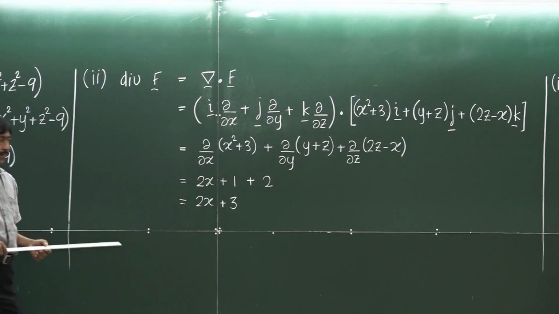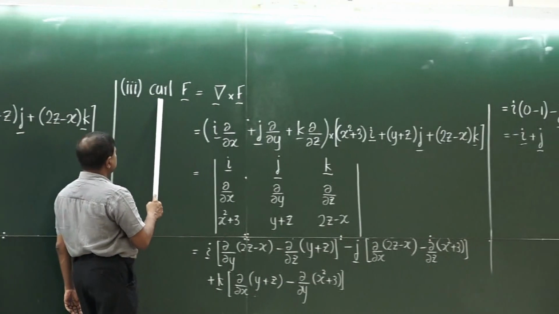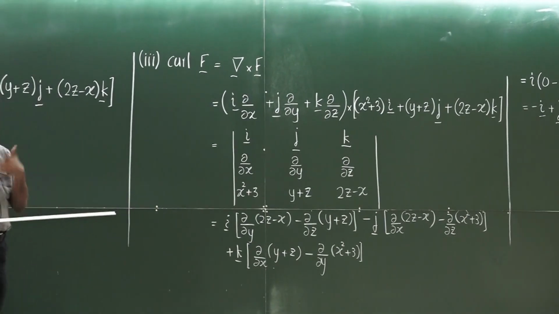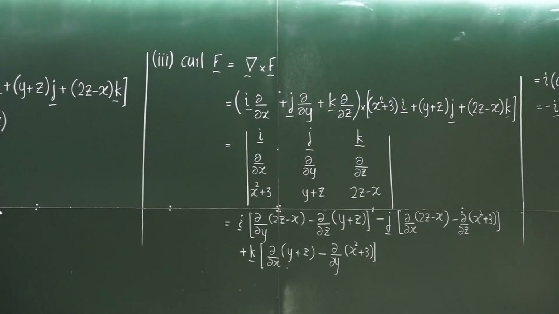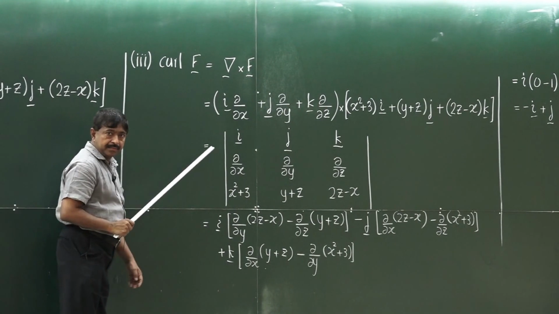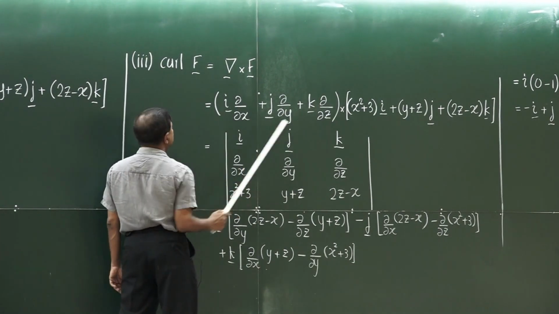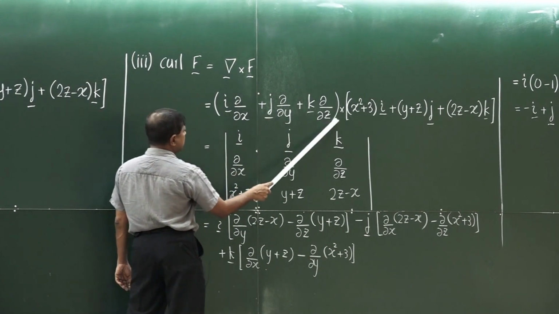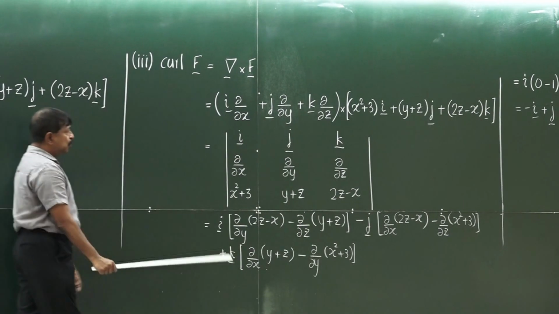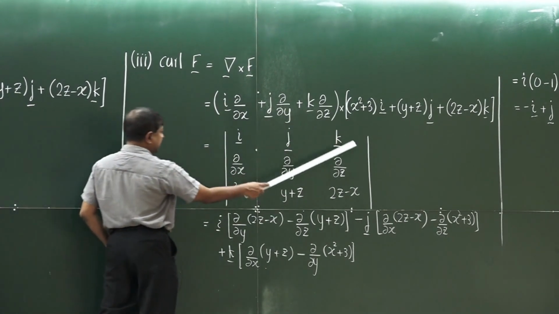Now, if you move to the third one, curl f is simply the cross product between the grad operator and the vector field f, with the grad operator coming first. Now, in this case, this is the grad operator, curl, and this is the vector field. Now, if you want to get the cross product, the easiest way is to get it as the determinant.